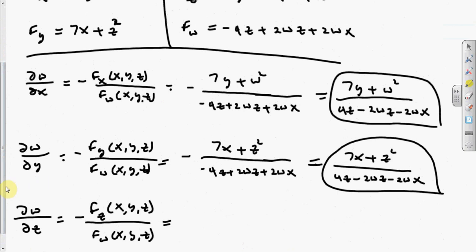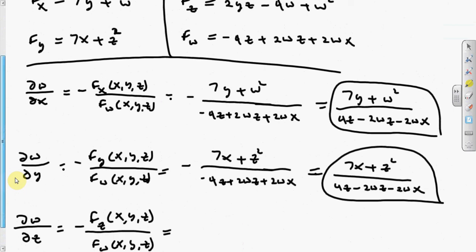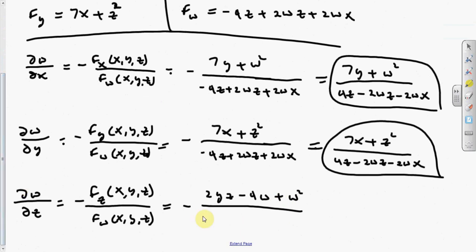And f sub z, get the negative out front, this is 2yz minus 4w plus w squared all over f sub w, negative 4z plus 2wz plus 2wx.